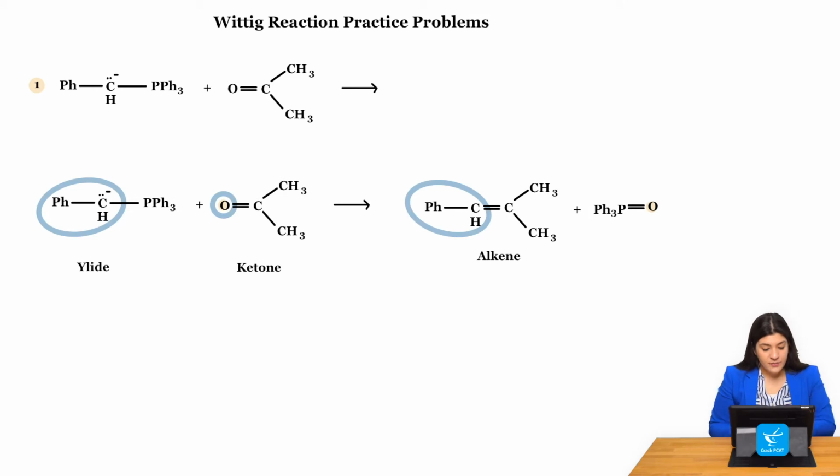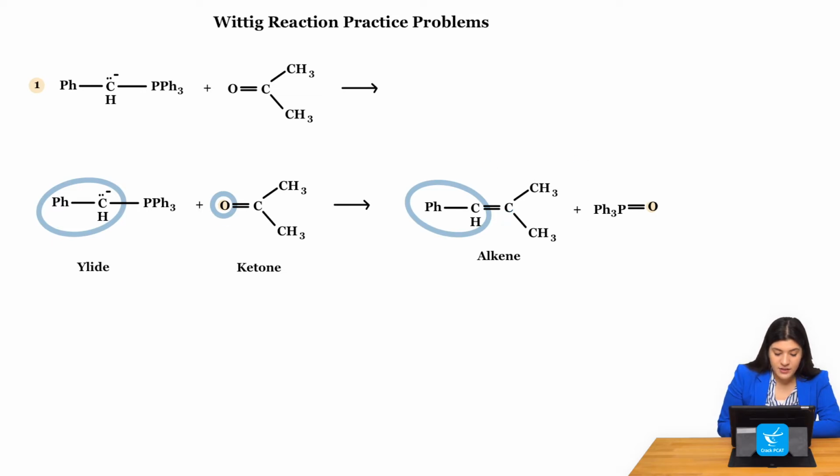So for this first one, all we're doing is we're replacing this oxygen with whatever R group and carbon was on that ylide. So I would then place this carbon here instead, and this oxygen now goes here. So that's really it. This is going to remain the same. We have 2 methyl groups from that ketone now on that alkene, and then this phenyl group and carbon will actually attach onto this other carbon.